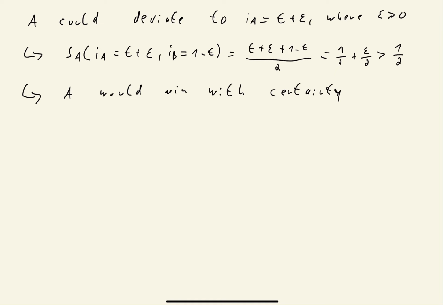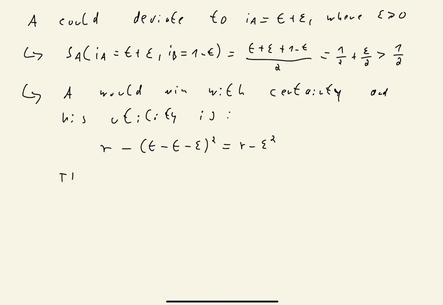and its utility is R minus T minus epsilon to the power of 2, which is then equal to R minus epsilon to the power of 2.